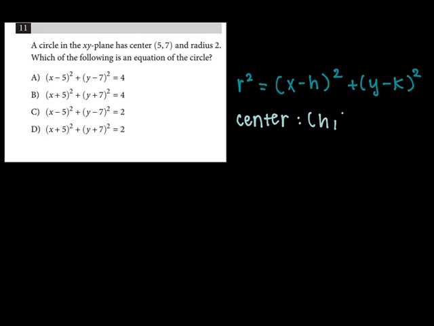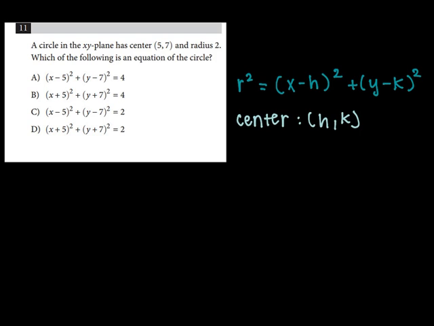In order to solve this, first let's write out the equation for a circle. Basically, the equation is the radius squared equals (x − h)² + (y − k)², where the center is (h, k).